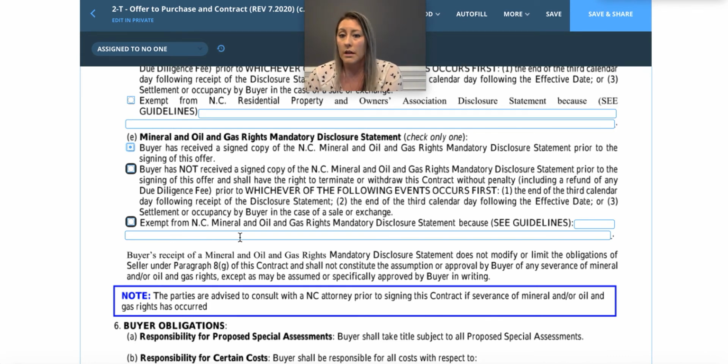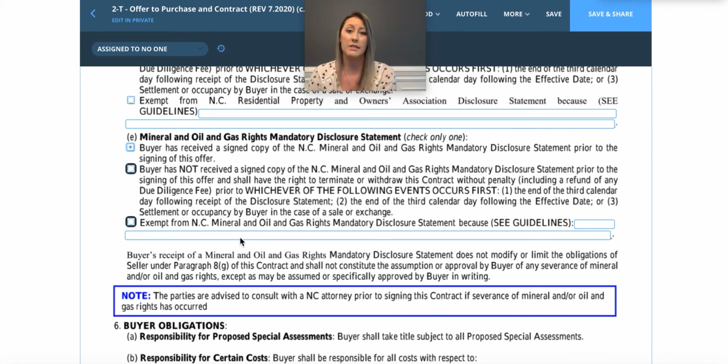Exemption, there's, in my opinion, nothing that's exempt from the North Carolina mineral oil and gas rights. I know that the commission, they kind of changed the guidelines and it's not mandatory on some stuff, but I want to see it on everything. I mean, that's the land that the house was built on. That's the land that the condo was built on. That doesn't change.